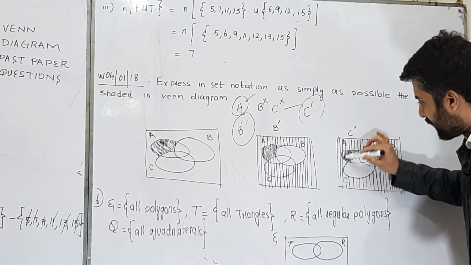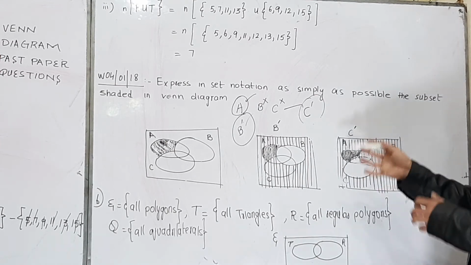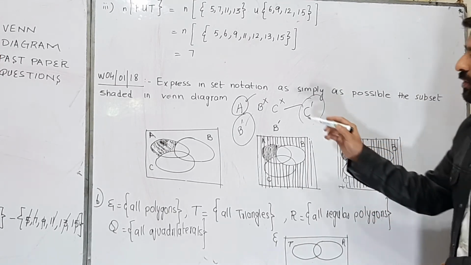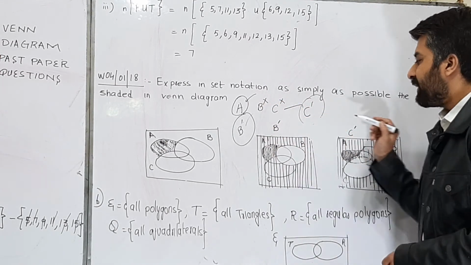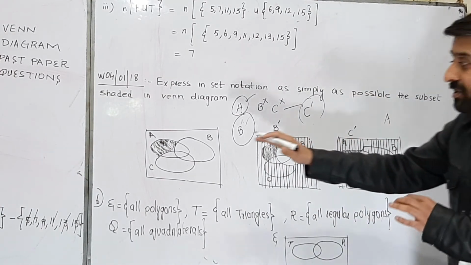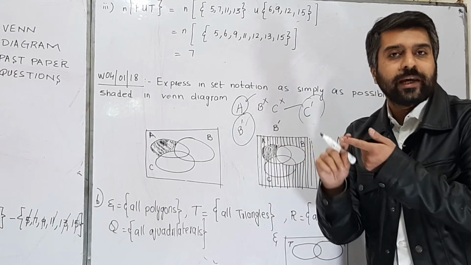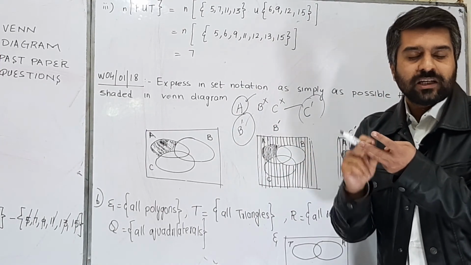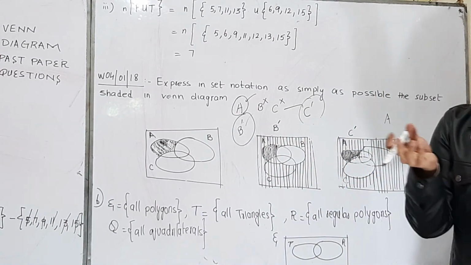That means the region given in your question is part of A, B complement and C complement. So the shaded region is common to A, B complement and C complement, which means it is common to all of them.